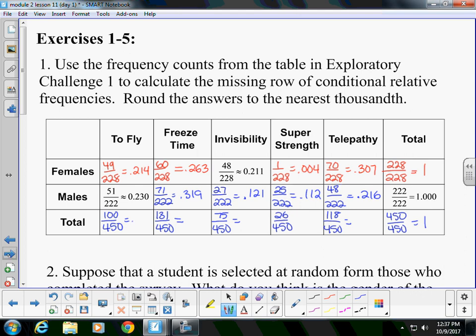So this one comes out to 0.222, so 22% approximately. 0.291, so approximately 29%. 0.166, so approximately almost 17%. 0.057, so just about 6%. Sorry, that's a 0 in there.